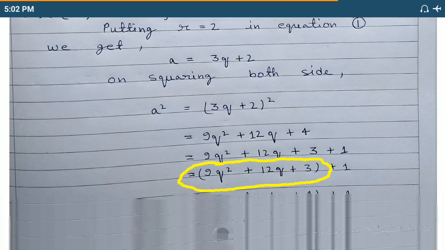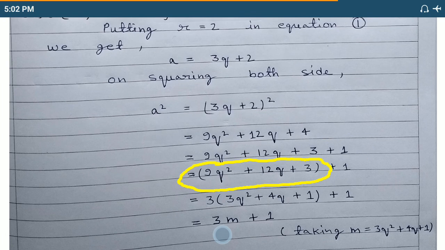Because we know that if we are going to divide any number with 3, remainder should be less than 3. But here it is greater. Again we can divide it, so I split it into 3 plus 1.